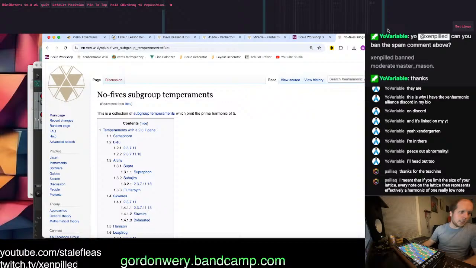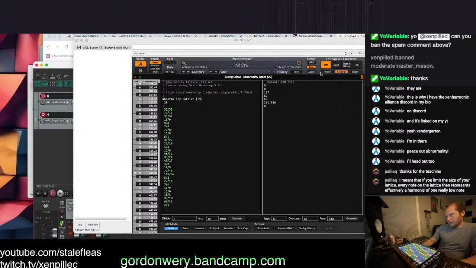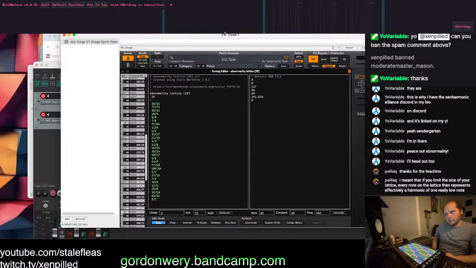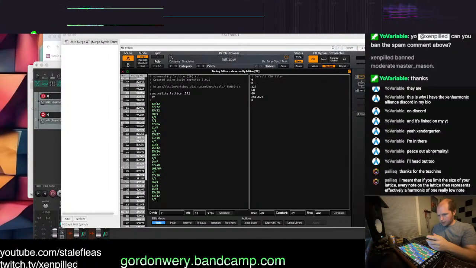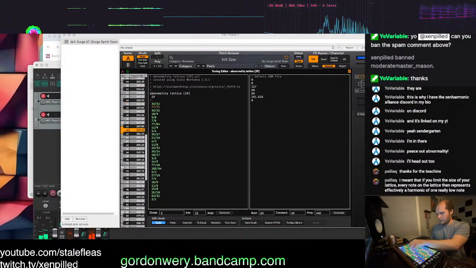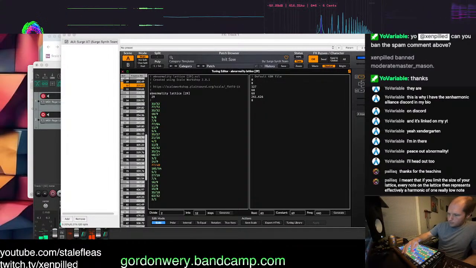It would be interesting to look at a primordial scale on a lattice, actually. I'm kind of curious what that would look like. But yeah, I'm going to play with this scale for a few minutes and then I'll get out of here in about 10 minutes. So this is set out like 29 basically, and yeah, the notes kind of match up.